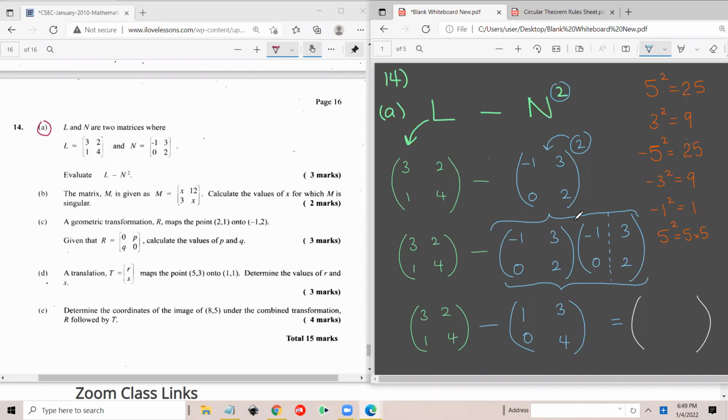Right, and now we can complete part A because they want us to minus L and N squared. So we have L and this is the N squared. Well, minusing matrices is very easy.